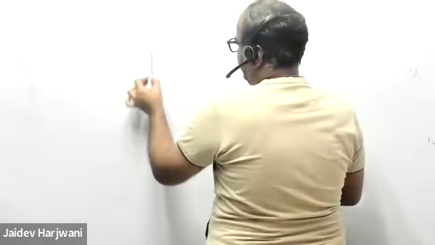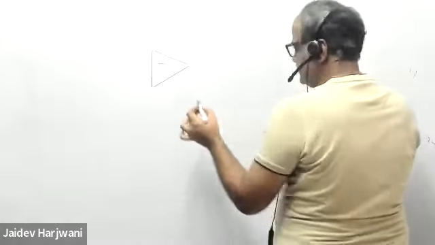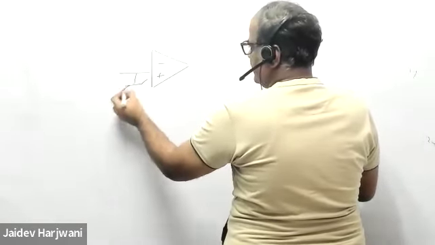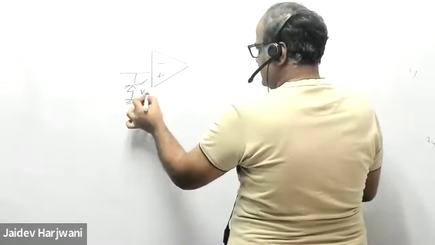You have an op-amp, minus, plus, and this is the Zener diode, VZ.